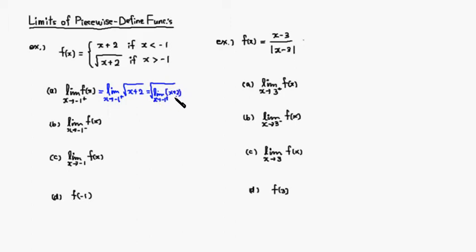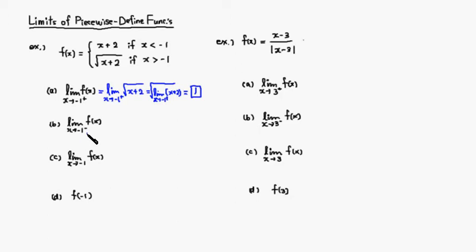Since this is just a linear function, a polynomial function, we can plug in. So -1 plus 2 is the square root of 1, which is 1. So I'm going to go ahead and write 1.